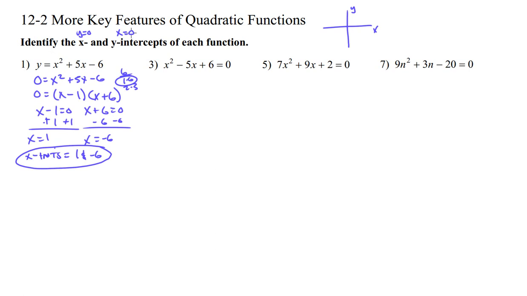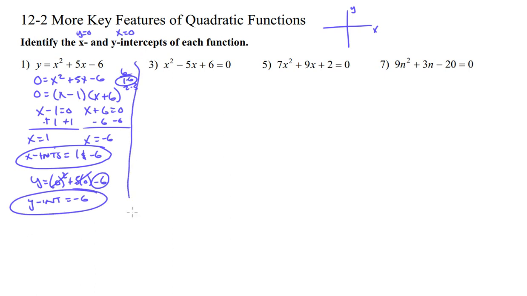For the y-intercepts, we plug in 0 for x. So we get y equals 0 squared plus 5 times 0 minus 6. That turns into 0, that turns into 0, so this negative 6 is going to be our y-intercept. Y-intercept is negative 6. Okay?